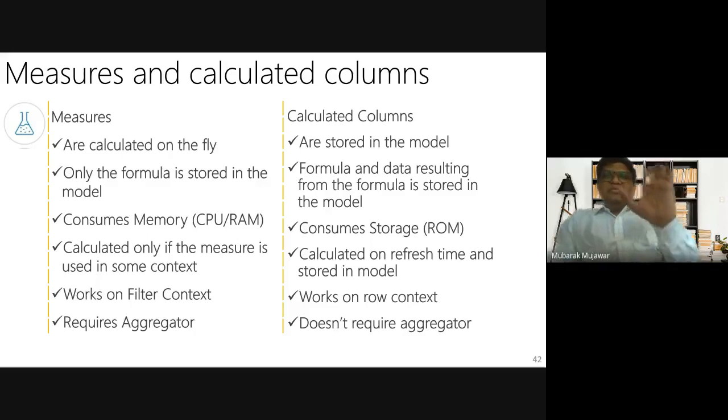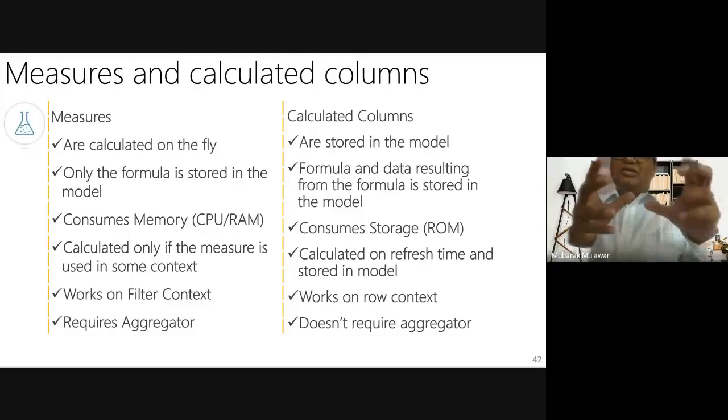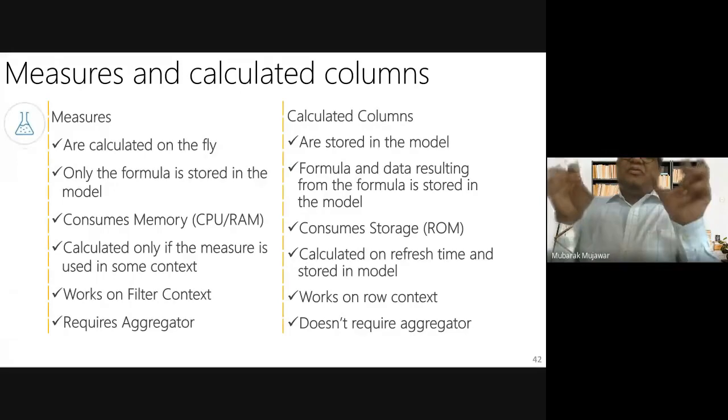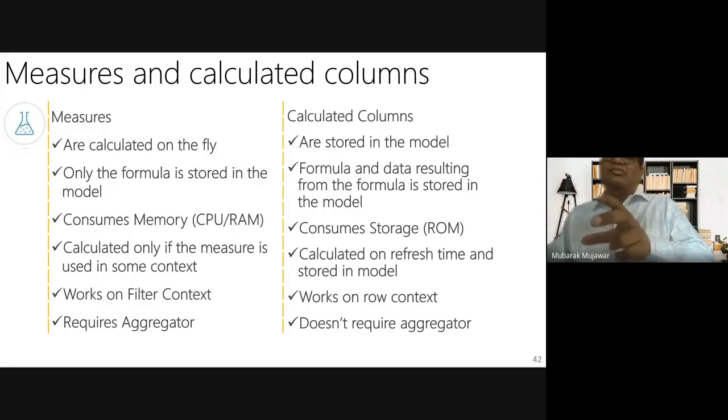The major difference is that measures are calculated on the fly, and only the formula is stored in the memory. Whereas calculated columns are stored in the data model which you create, and both the formula and the data resulting from the formula are stored in the model. So that is the basic difference between measures and calculated columns.